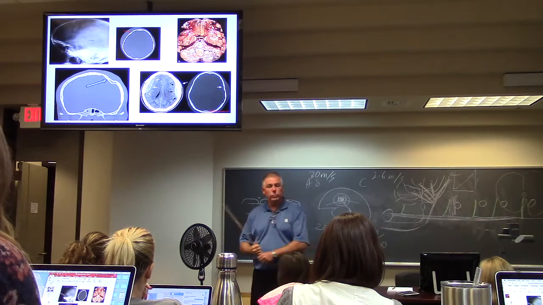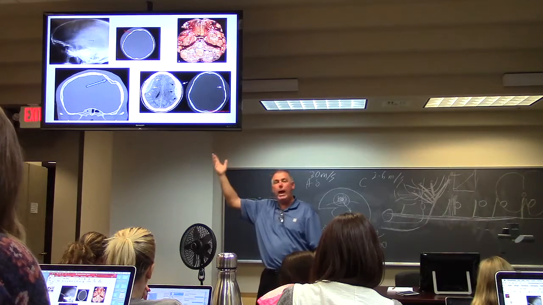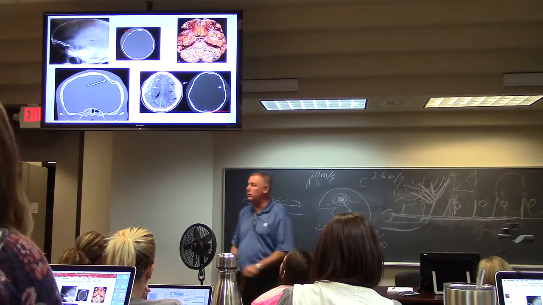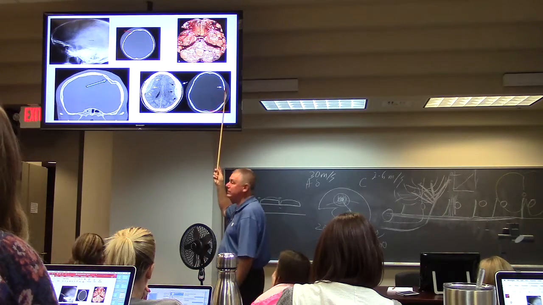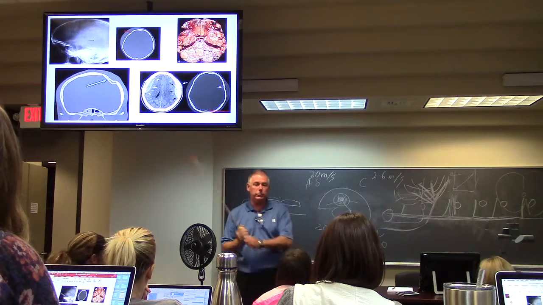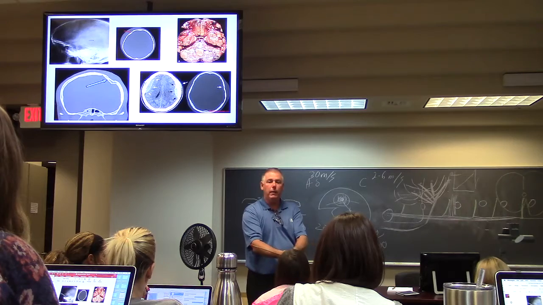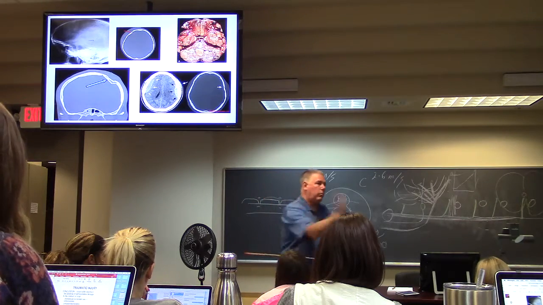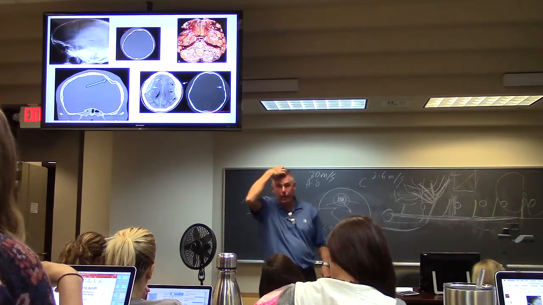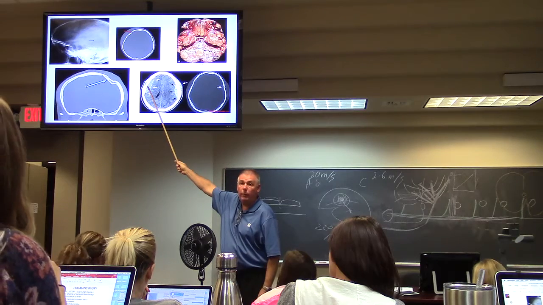What happened though was when I took that baseball bat and hit her, now you look at a CT as if you're standing at the patient's feet looking up towards their head. So this is the patient's left side right here. If I hit her in the left side of her skull and cracked her skull with that baseball bat, the force transmitted through her closed head, and she wound up with contusion or problems on the other side.